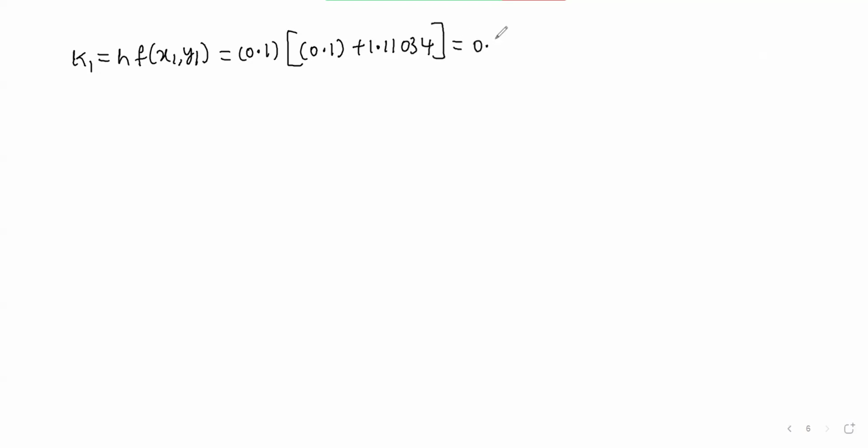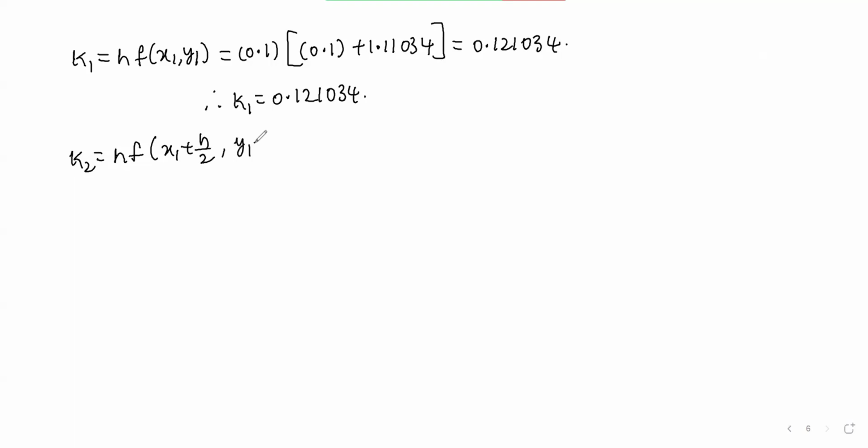Values వేస్తే 0.121034. అంటే therefore K1 is equal to 0.121034. K2 కి ఫార్ములా ఏంటిది? h into f of x1 plus h by 2 comma y1 plus k1 by 2, రియల్ ఫార్ములా.